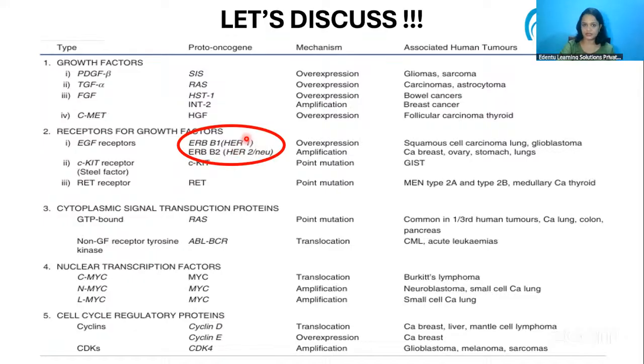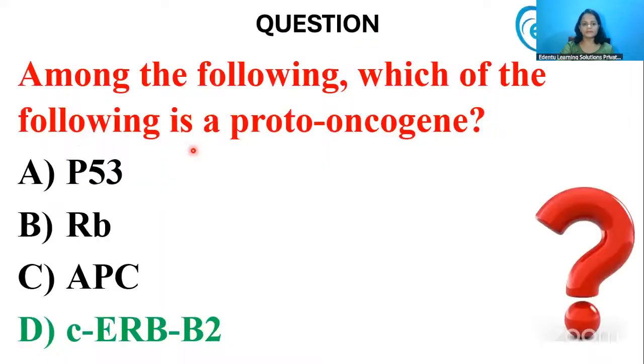It can predict the possibility of having a breast carcinoma in future. So the EGF receptors contain proto-oncogenes called ERBB1 and ERBB2. These are the only proto-oncogenes present among the options.